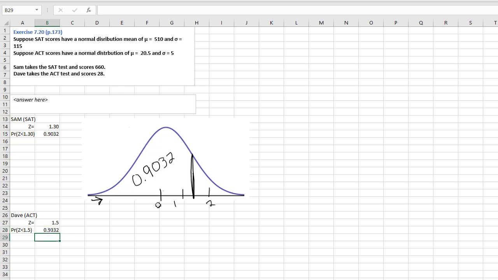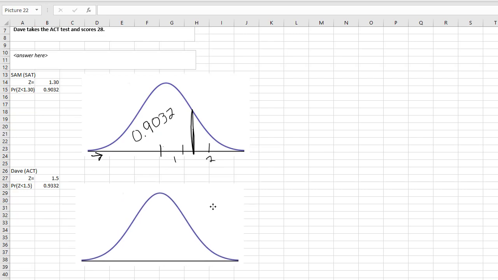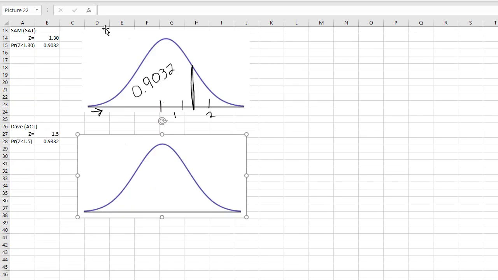So when we look up 1.5, that is going to be 0.9332. Okay, so once again, let's add one of these up here. What we have here is the average, and then we have one z-score, then two z-scores. So 1.5 over 1.3 is going to be a little bit over here, just a little bit more.